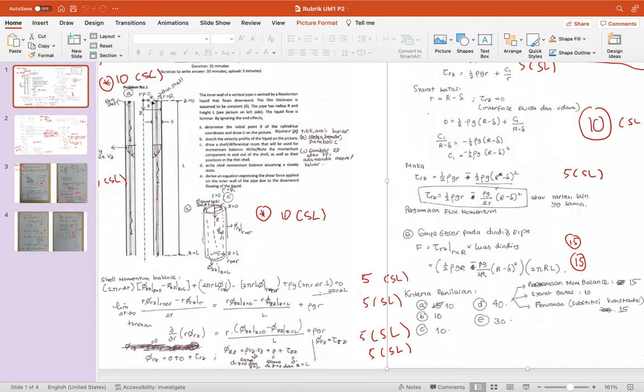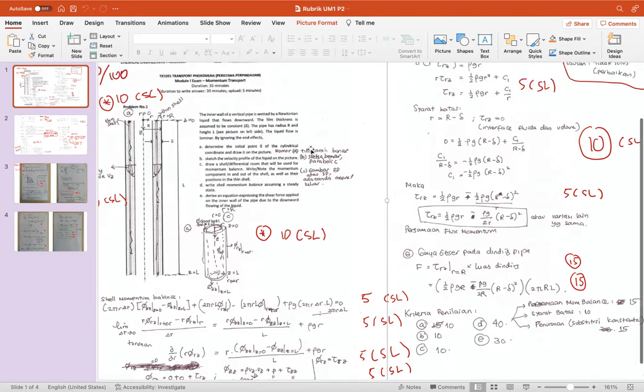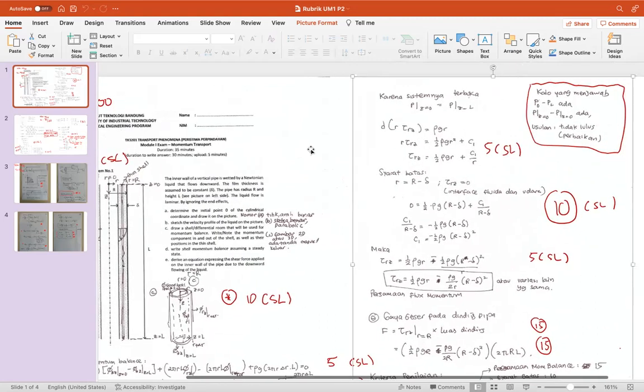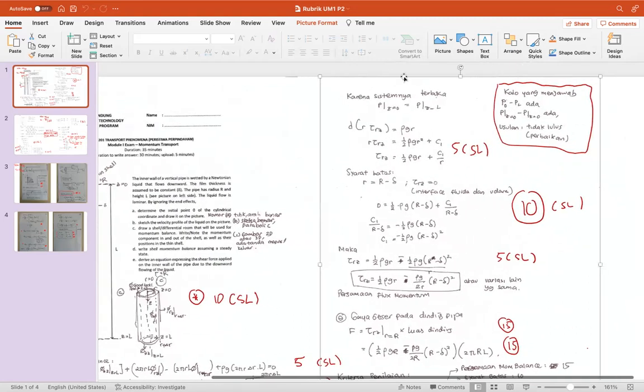So the pressure is not a function of z. It is different from the cylindrical tube, where the pressure is a function of hydrostatic pressure, a function of z. Because the system is open, P when z equal to 0 equals P when z equal to L.